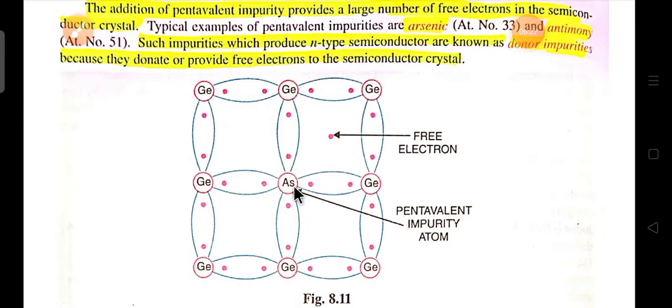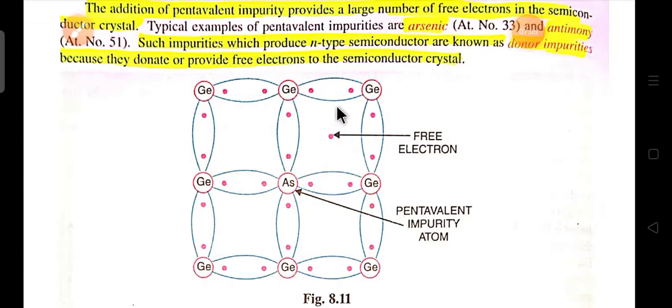In arsenic, 4 electrons share covalent bonds with germanium: 1, 2, 3, 4. But 1 electron is left idle and doesn't participate in bonding, since there is no electron to share with that electron.